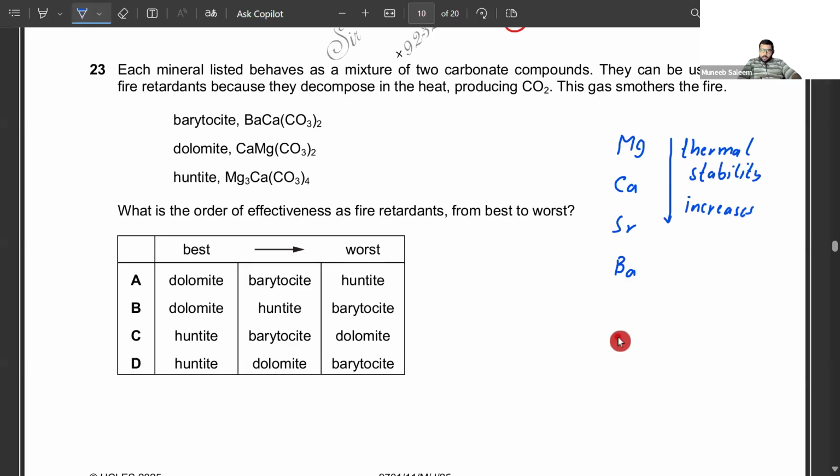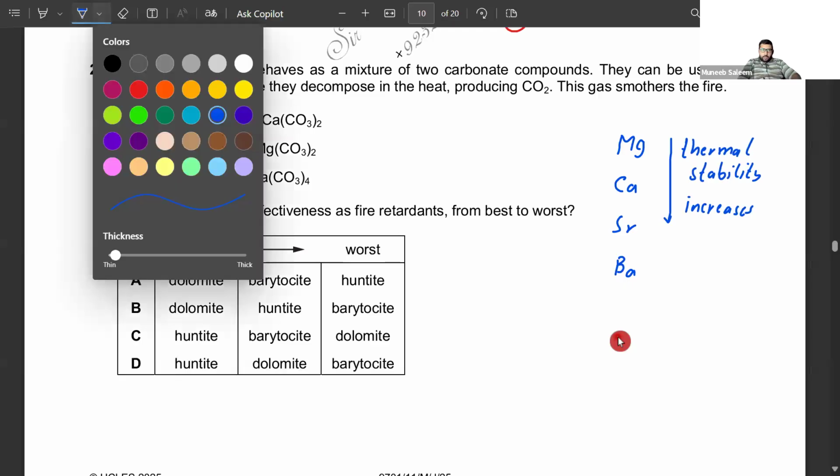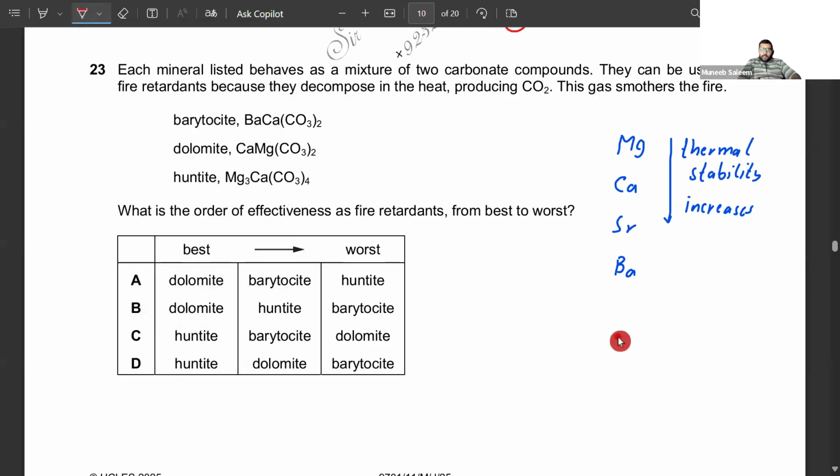That means it is easier to break the magnesium carbonate as compared to the barium carbonate. So if we rank these elements with respect to the carbonates, magnesium has the highest priority, or you could say it is easiest to thermally decompose, and barium is hardest to decompose.